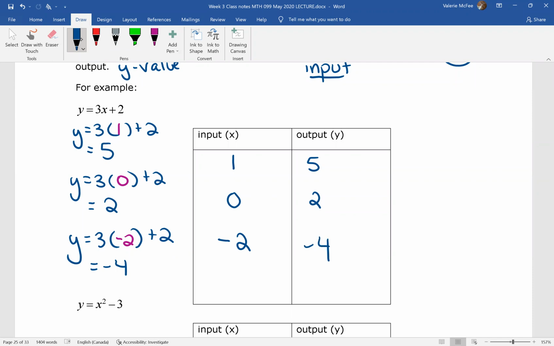That means that this is a function. Every input had exactly one output.